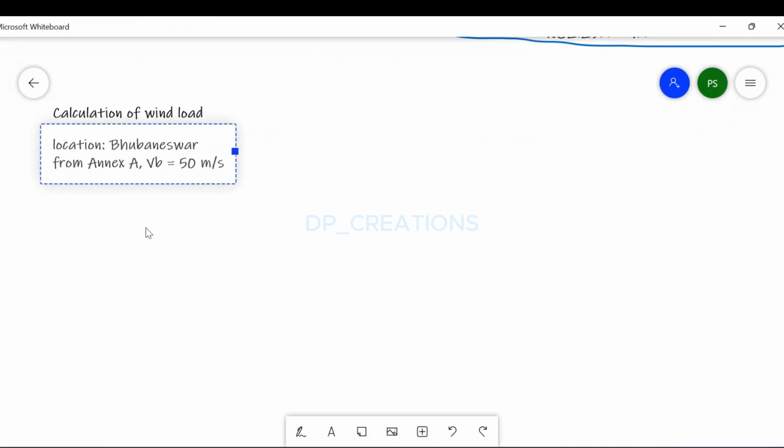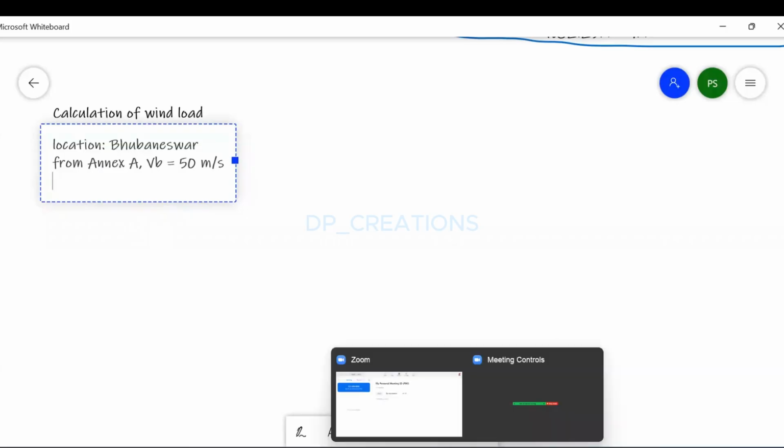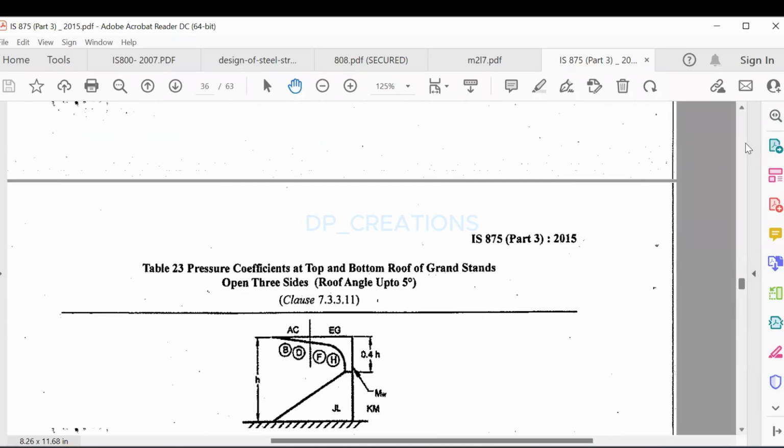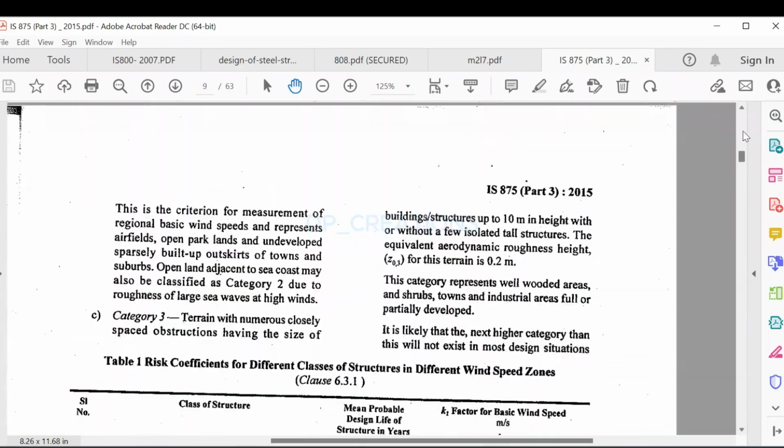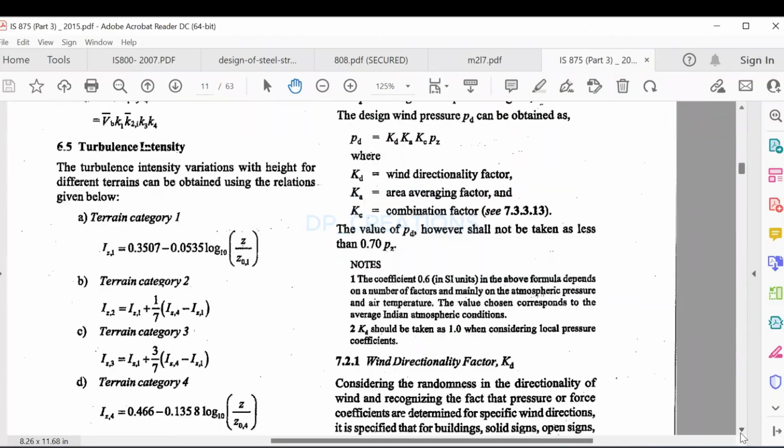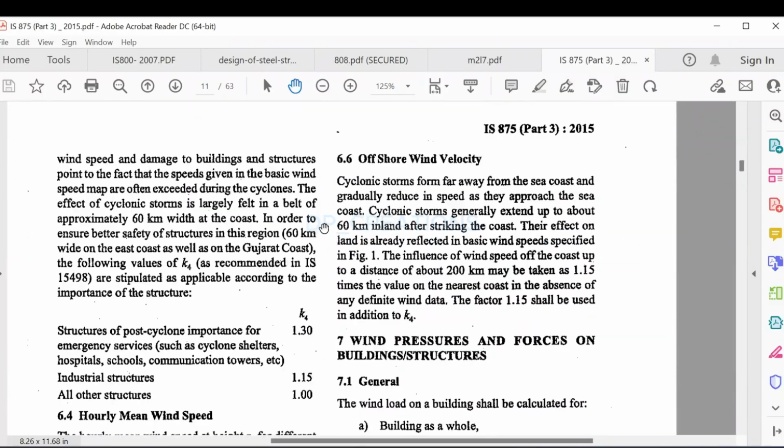Okay. So one more thing you can get, that Bhubaneswar is typically you can take or not take also. They told for cyclonic region up to 70 kilometers. How many? So the effect of cyclonic storm is largely felt in a belt of approximately 60 kilometer width at the coast.